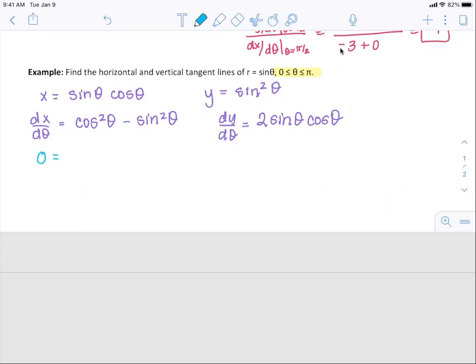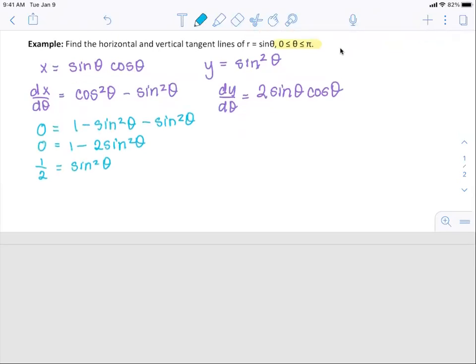What I went ahead and did is substituted 1 minus sine squared theta for cosine squared theta minus sine squared theta again. So we get 1 minus 2 sine squared theta. Solve for sine squared, and we get positive 1/2 equals sine squared theta.